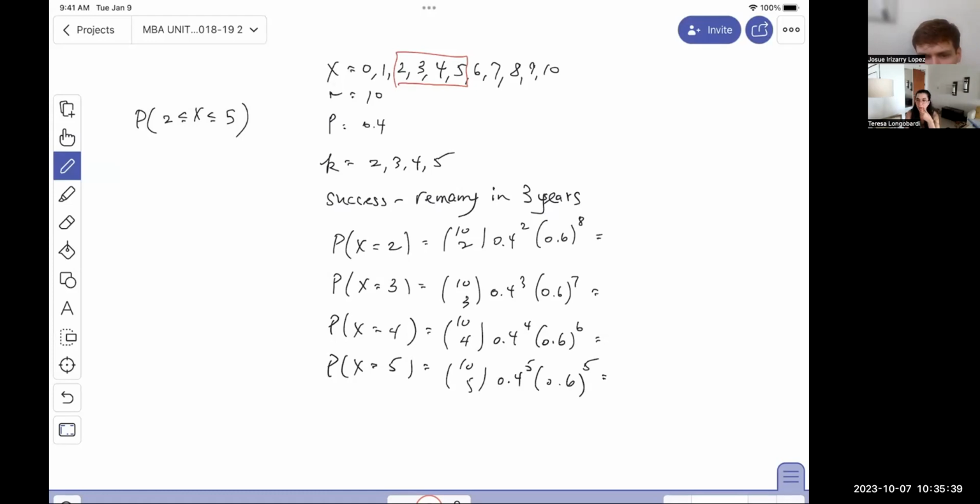Any questions about the formula? I hope you see the pattern now. I didn't write it once today, but I'll write it now. So hopefully this makes more sense now.